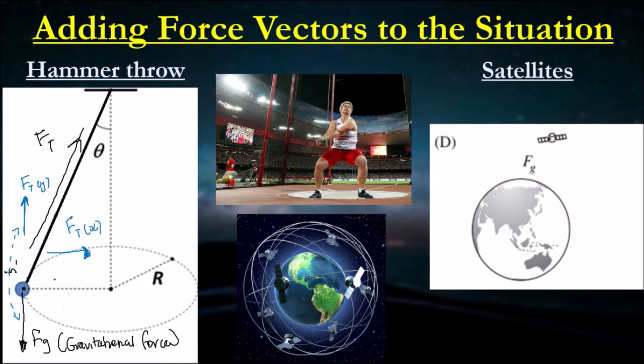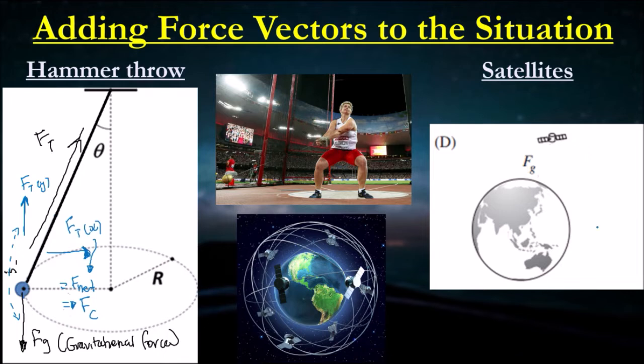And so this tension force in the X component is also equal to the net force of this circular motion, which is therefore our centripetal force. So in this scenario here, the horizontal component of our tension force is the net resultant force, the origin of our centripetal force. Okay, so there's that.